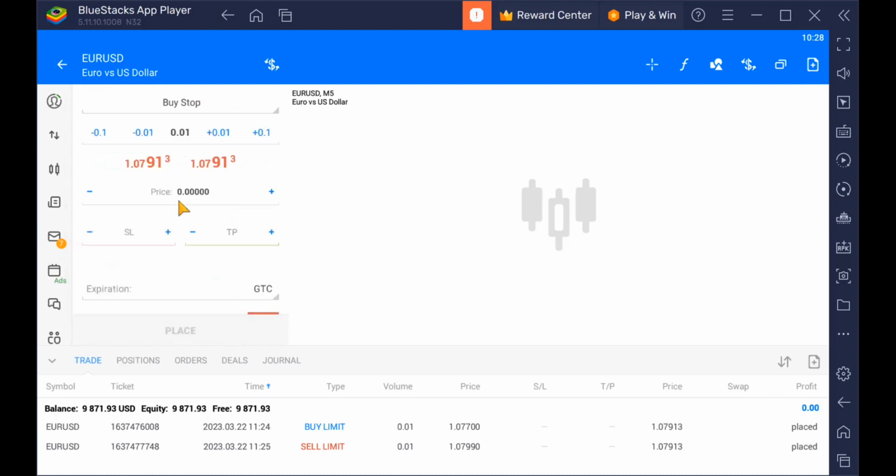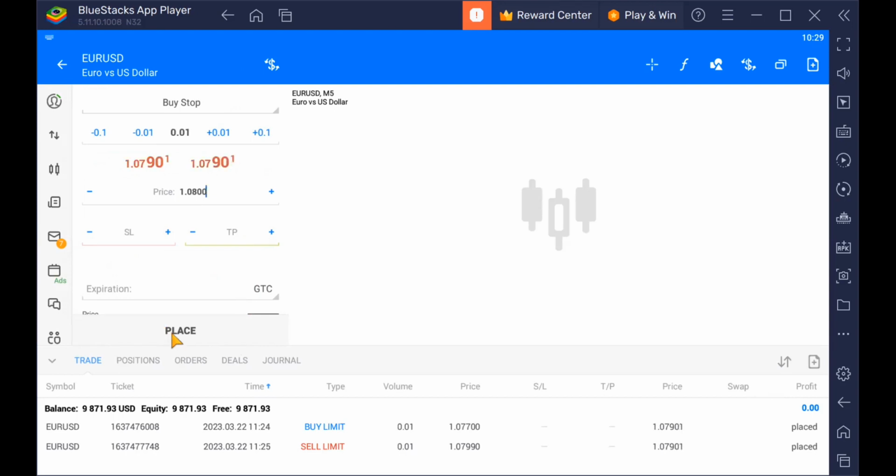If you are doing a buy stop, you click on buy stop, then you put a price that's higher than the current price. The current price now is 1.0790. So I can decide to put down something like 0.7800.